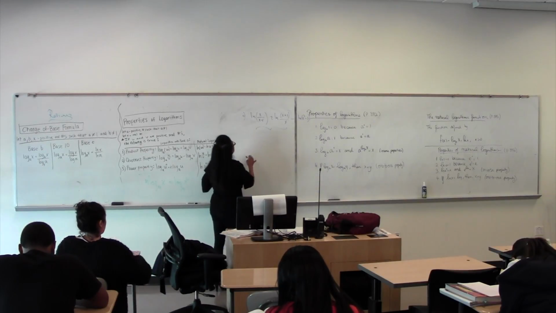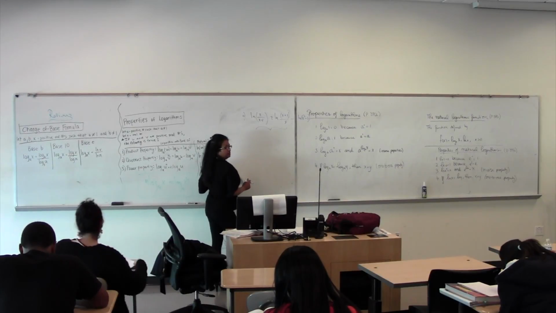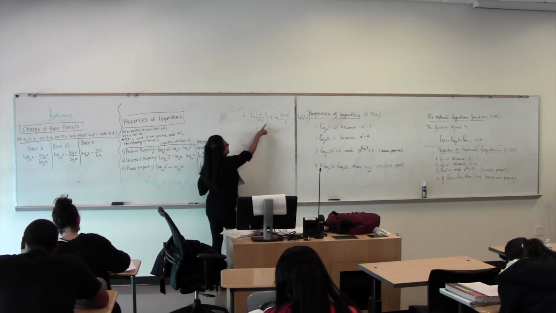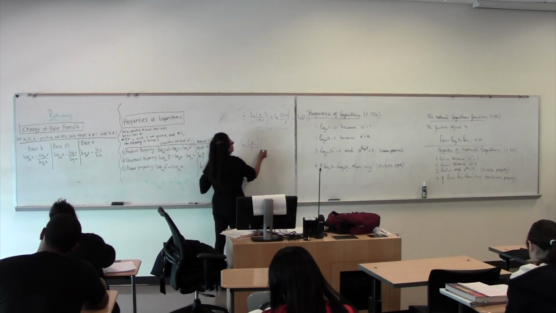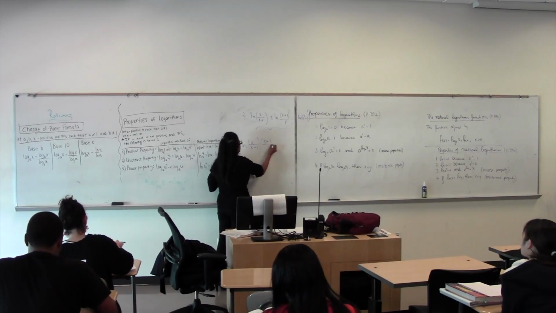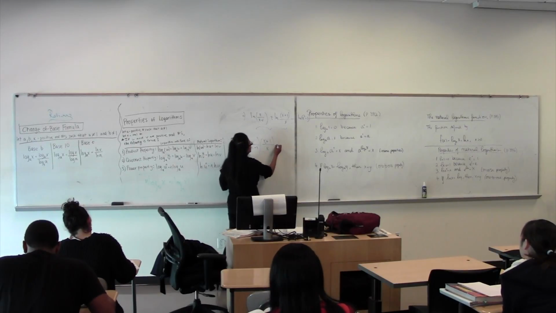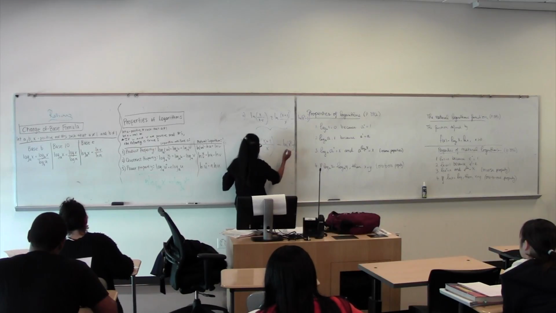If you do these 2, what do you write here? We have addition, correct? If you have addition, you are going to write 1 ln of x over x minus 1 times x plus 1 over x, minus ln of x squared minus 1.